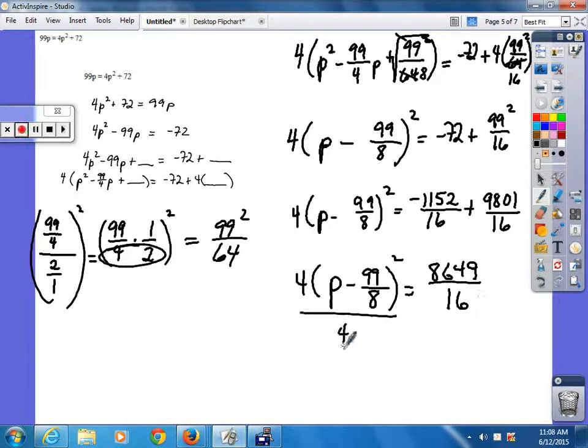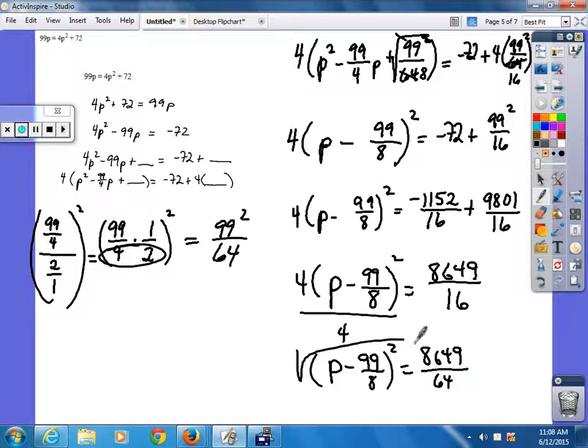Now, divide by 4. I'm going to go on and see if we get the answer right. Divided by 4, it gives us p minus 99 over 8 quantity squared is equal to 8649. And I'm dividing by 4, so I'm multiplying by what? 1/4. That'll give me 64. Take the square root of both sides.